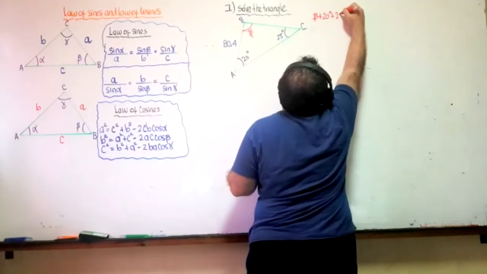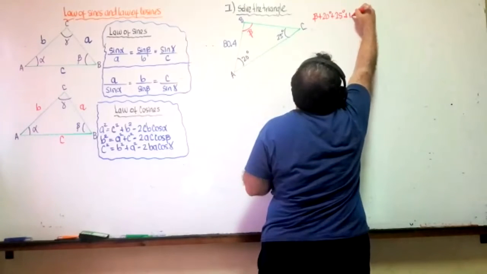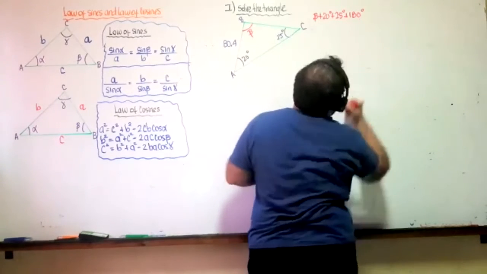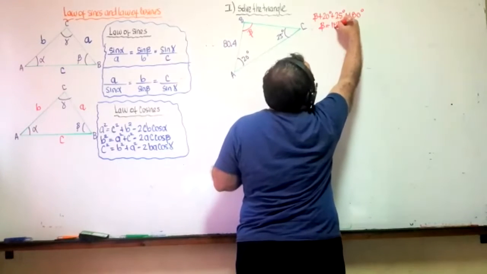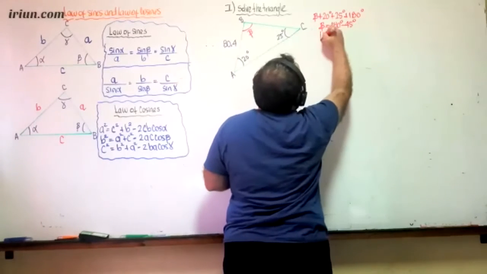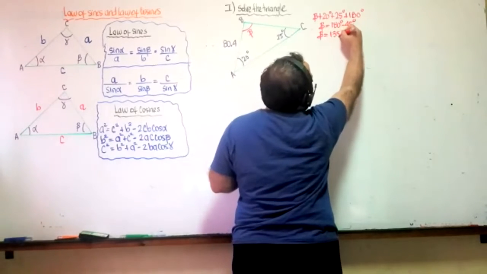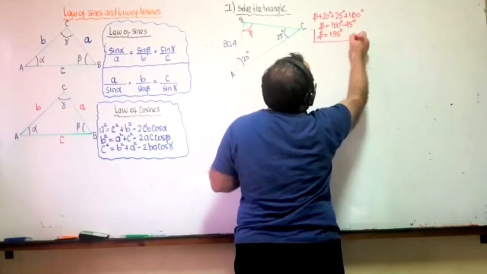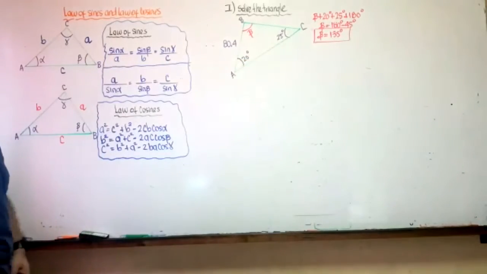So beta plus 20 plus 25 equals 180 degrees. Solving for beta, it equals 180 degrees subtracting 45, which is 135 degrees. This is the solution for the angle beta.